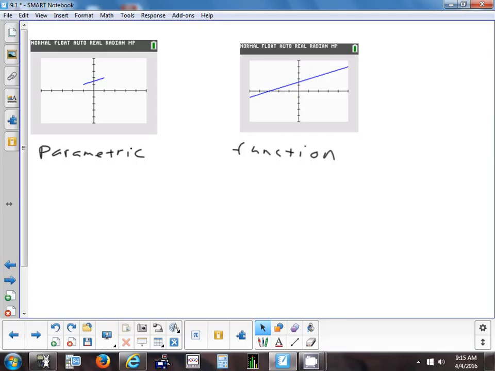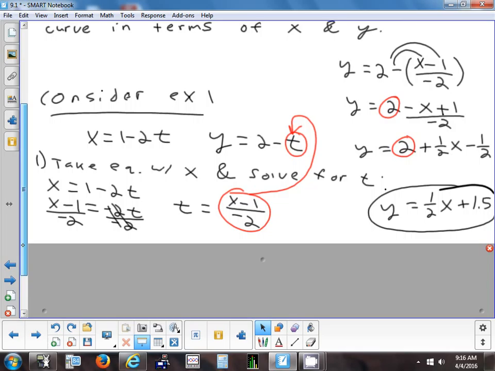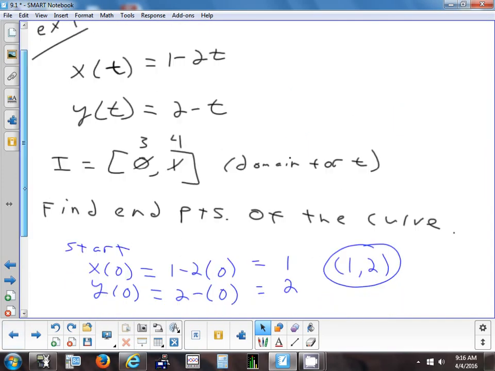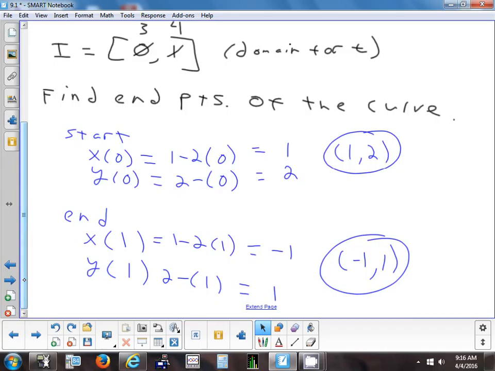Yeah, as a parametric, it only drew part of the graph. As a function, it drew the entire thing. So they're not the same. This part is the same, but it drew more than it should have. Where were my x values? Let's go back to what we had. Where were my x values supposed to start?